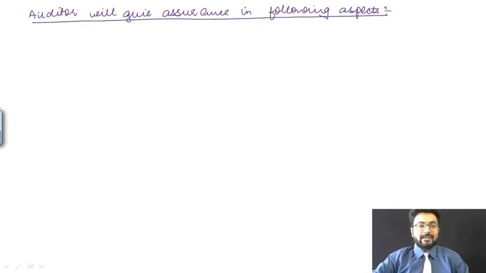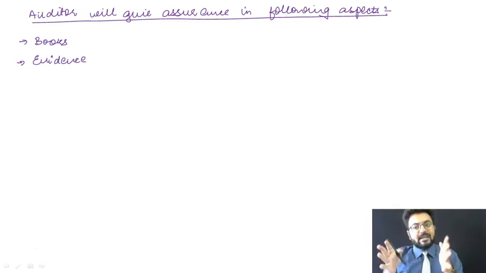What are those following aspects? First of all, he is going to tell you that whatever the books of accounts which have been prepared, they are absolutely true, and they have supporting evidence for that as well.